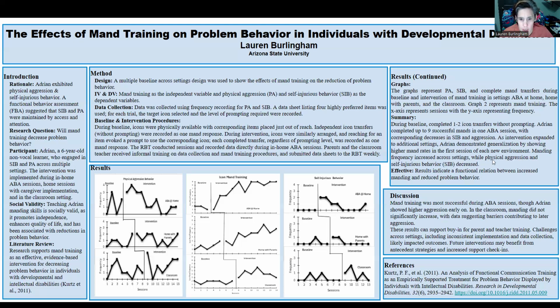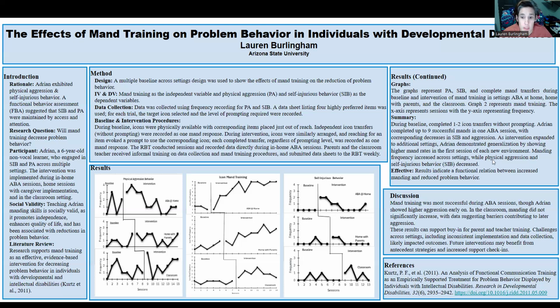In baseline, for the physical aggression and the self-injurious behavior, that was done through my observation. So I'd observe her in the classroom, and I'd go and observe her at home. And then I'd also observe her during my time with her and count how many times she was physically aggressing or engaging in self-injurious behavior.